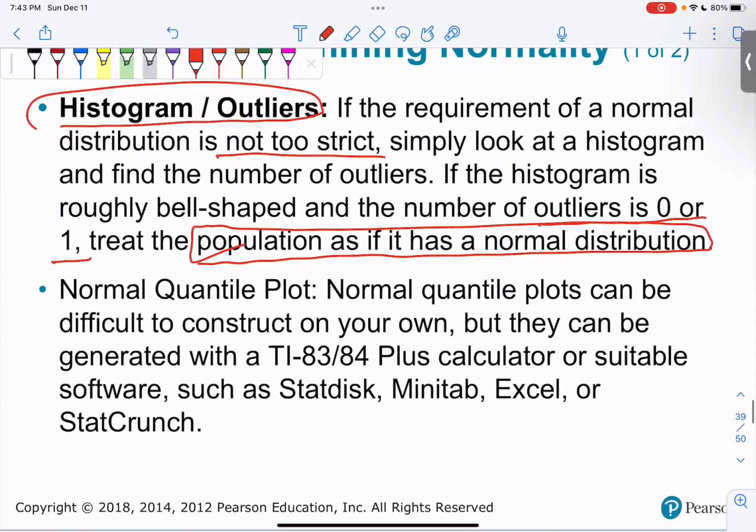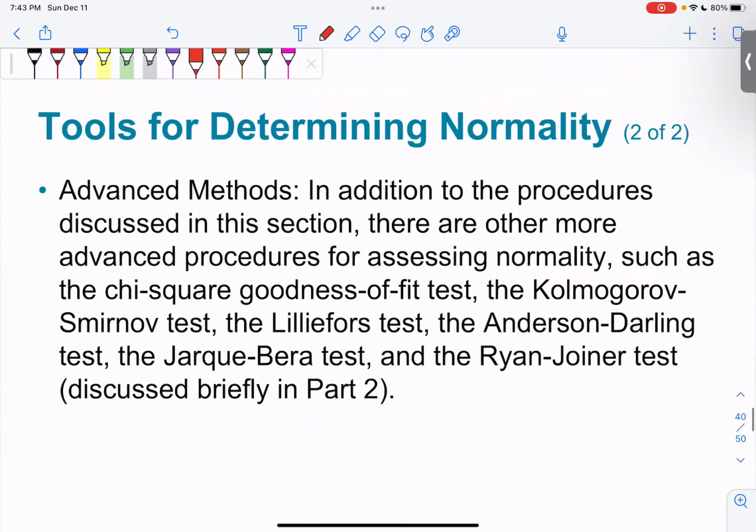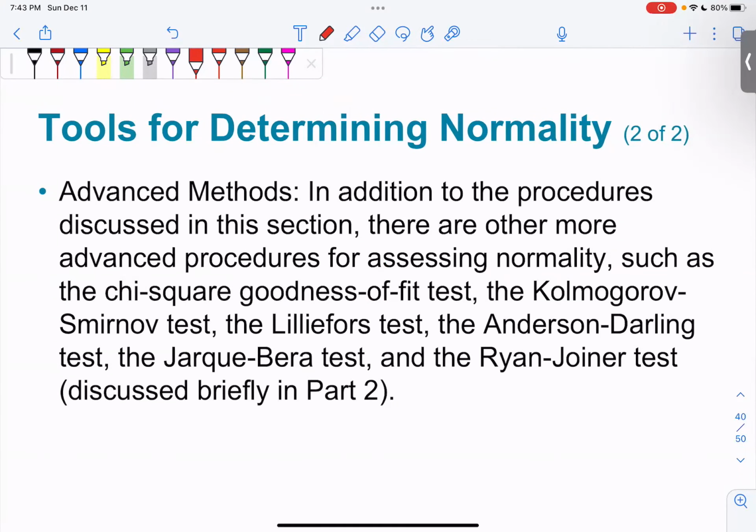But if we want more evidence that we can use the data as a normal distribution, we can use a QQ plot, and I will show you how to use StatDisk to find a QQ plot. And then there are other methods, like chi-square, Kolmogorov-Smirnov test, and other tests.